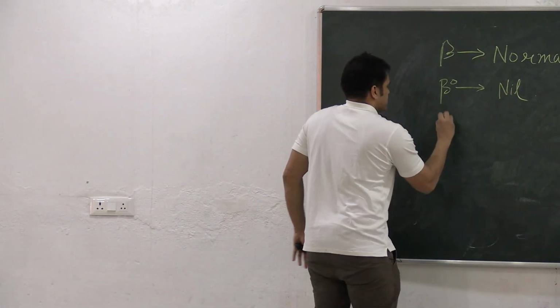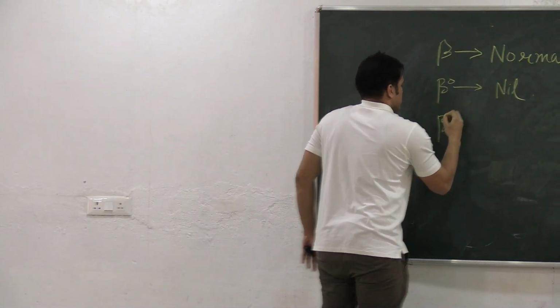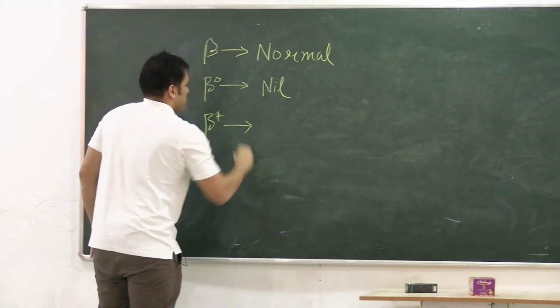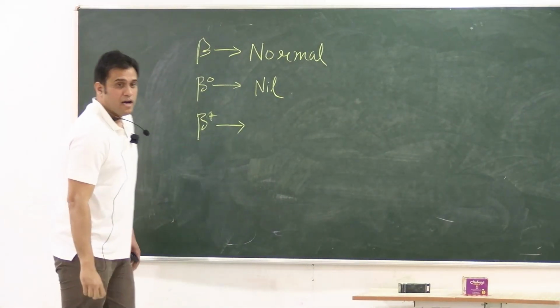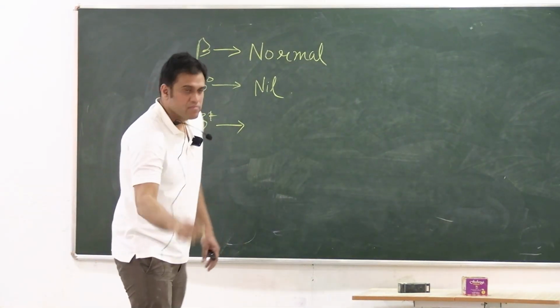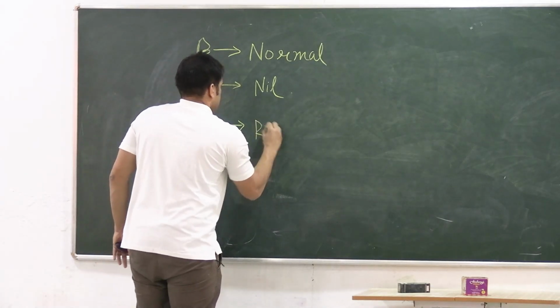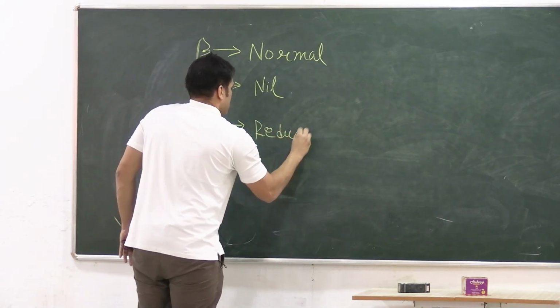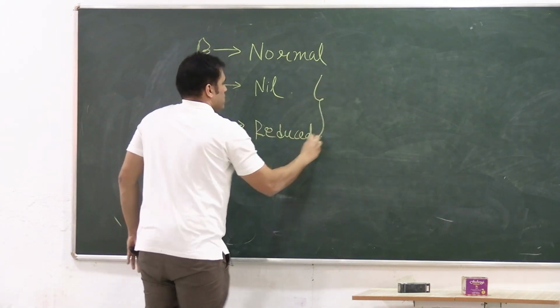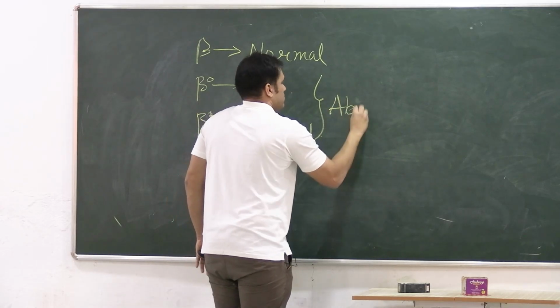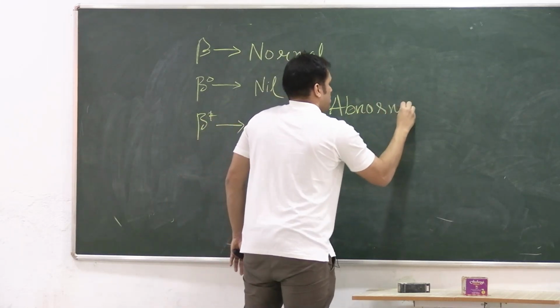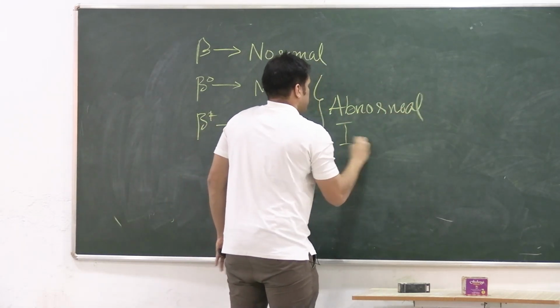What is beta-plus? Reduced. Both are abnormal. Both are incompatible with life.